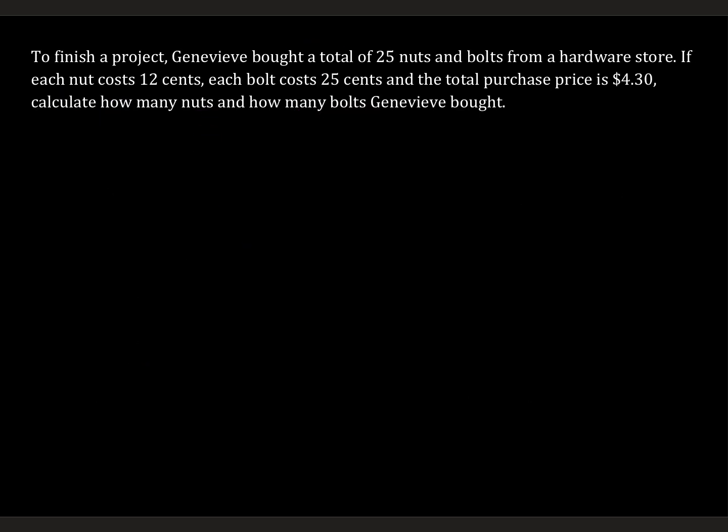Okay, here's another one. The language of this one is a bit tricky, just to work out what it's saying. So let's read it carefully. It says, to finish a project, Genevieve bought a total of 25 nuts and bolts. That means she might have bought 20 nuts and 5 bolts, or 10 nuts and 15 bolts, but altogether there's 25 from a hardware store.